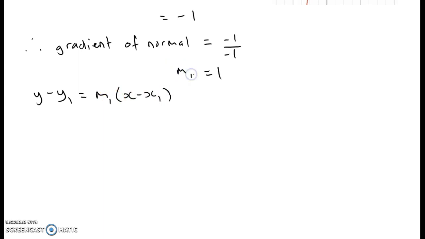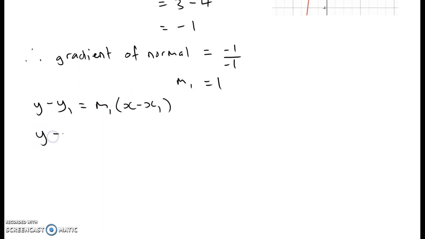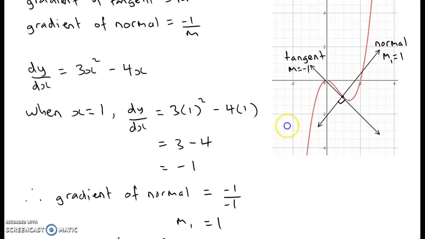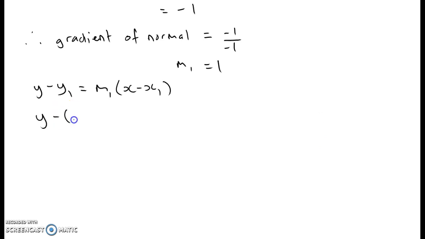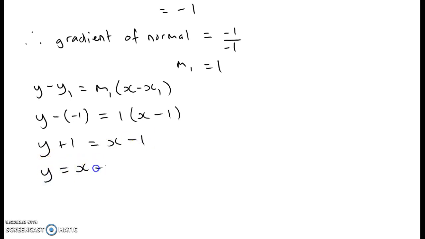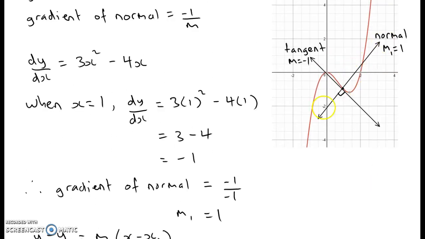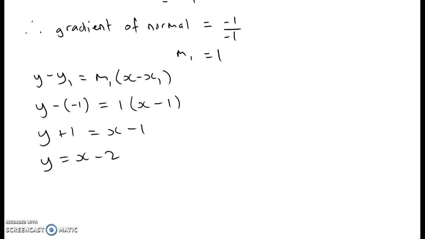We've got y minus -1, our y coordinate, equals the gradient of our normal, 1, times x minus the x coordinate, which was 1. So we get y plus 1 equals x minus 1. Let's make y the subject. We get y equals x minus 2. So the equation of this normal line is y equals x minus 2.